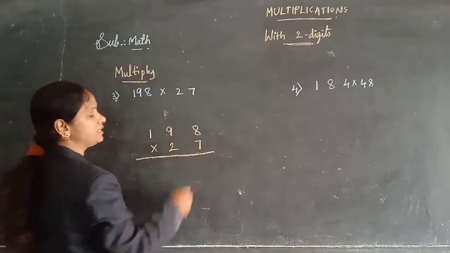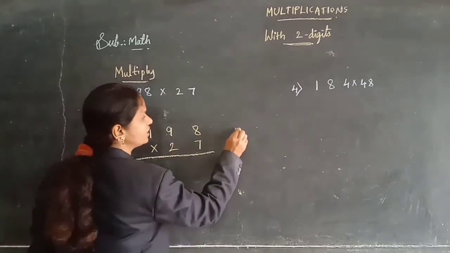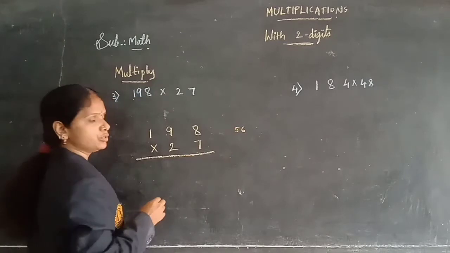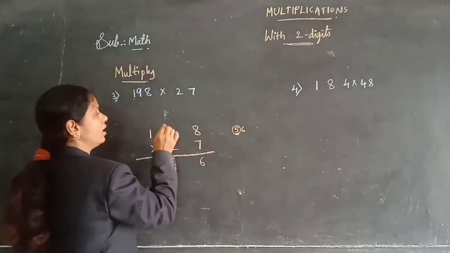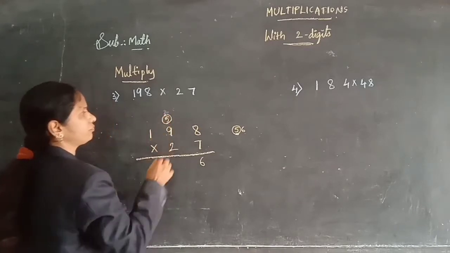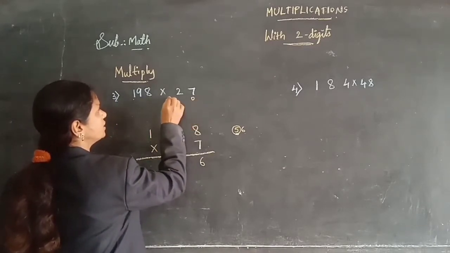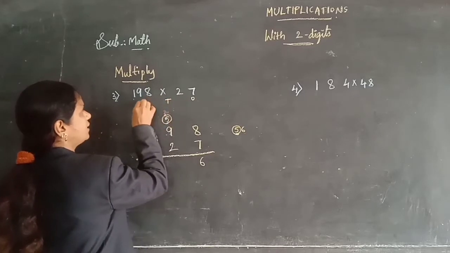Now 7 8s are 56, children. 2-digit number means 6 here, and this 5 I am taking as a carry on the before place. Here you can write ones, tens digit, and it's hundreds now.